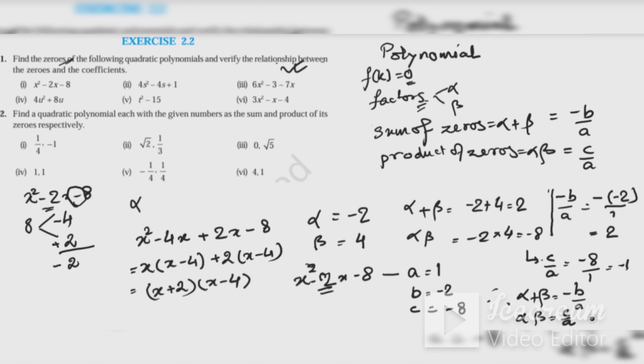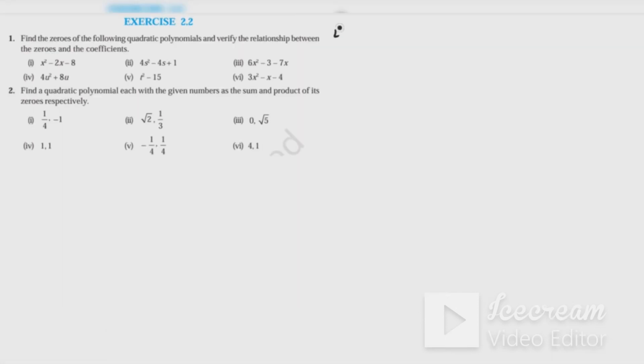Now coming to the next question. Okay. So question number 2 would be 4s square minus 4s plus 1. So here in this case, what will we do? I will find the factors of 4 into 1 whose sum should be 4. So 2 and 2 are the factors, whose sum is 4.